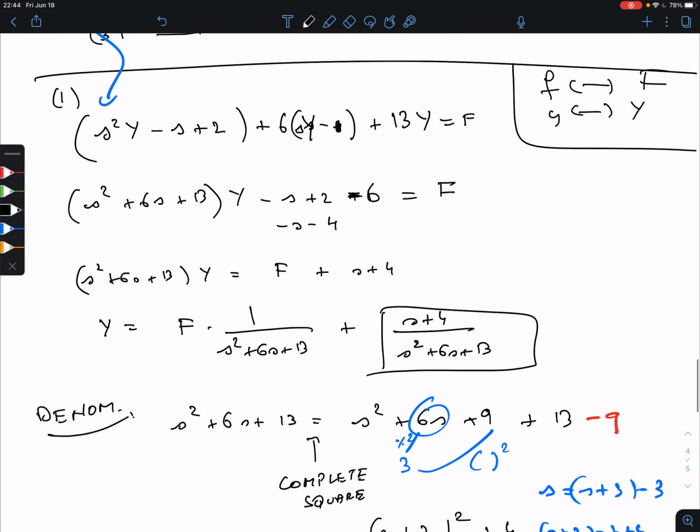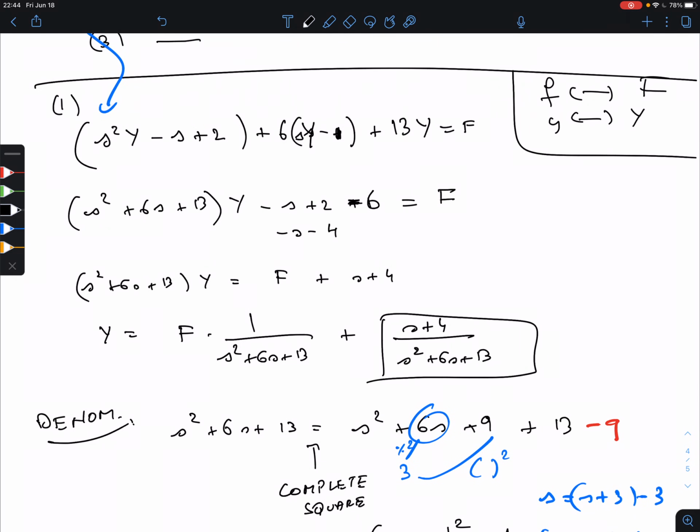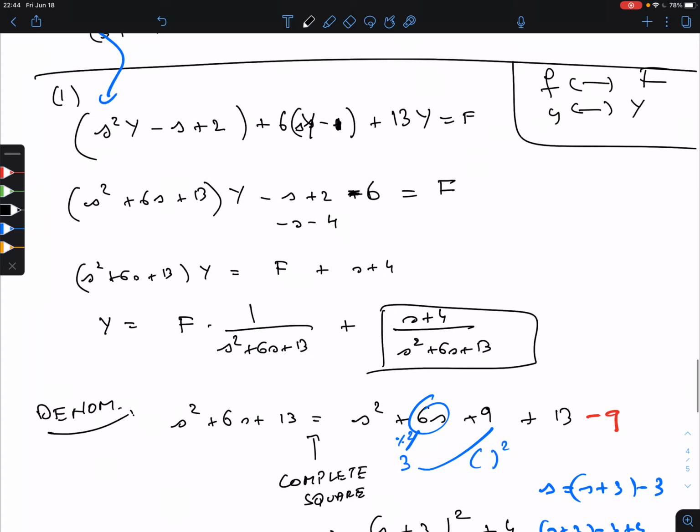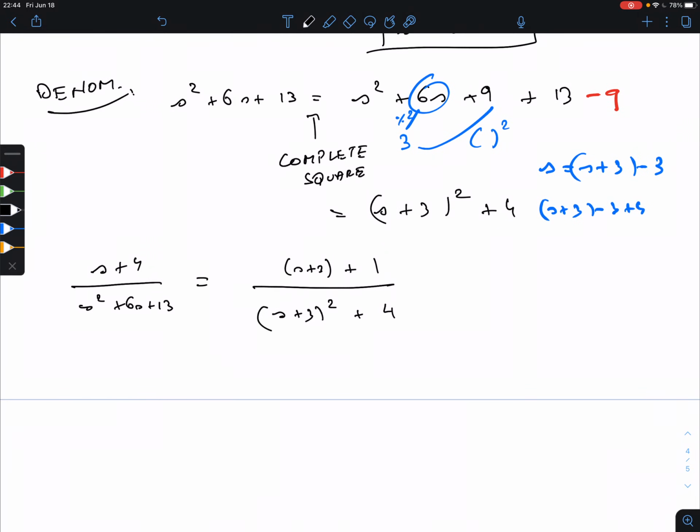Okay, so we know what we have to do then. Once we have written it in this partial fraction, we have to split it in two fractions here, because we're going to use the plus 4, and here is an s plus 3 squared plus 4.